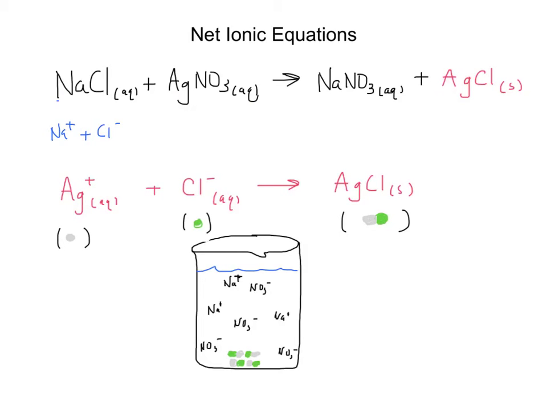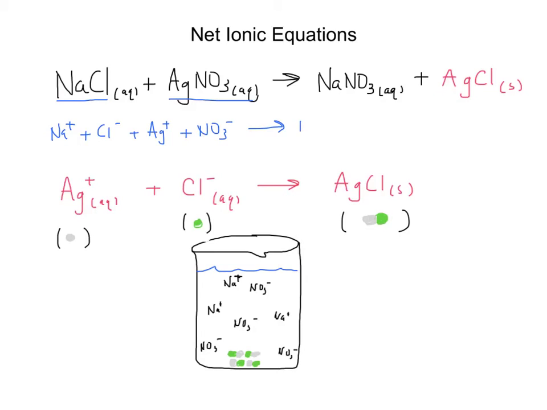We don't really have NaCl. We have sodium ions and discrete chloride ions. And likewise, we have silver ions and we have nitrate ions, because anything that's aqueous is going to dissociate if it's ionic, and both of those are ionic.